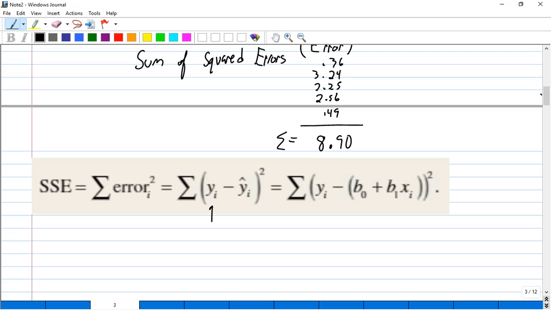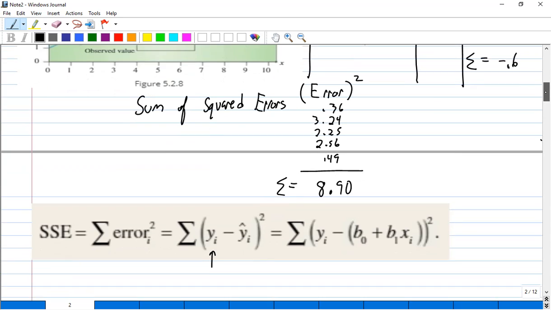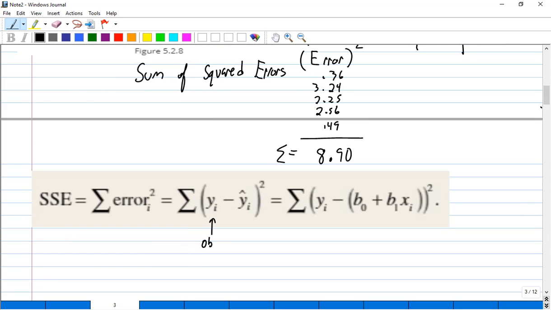So remember what this was. What was this? Do you remember? That would be the observed value first. So that's the observed, and in my mind, I think of that as the actual.